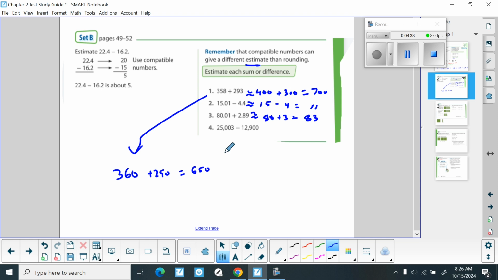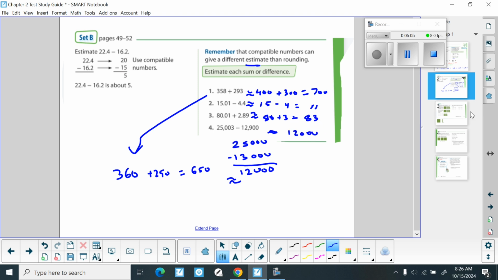Here we have 25,003 minus 12,900. Okay, I would say this is about 25,000 minus about 13,000. So the answer is going to be about 0, 0, 0. 5 minus 3 is 2. 2 minus 1 is 1. About 12,000 is the answer here.